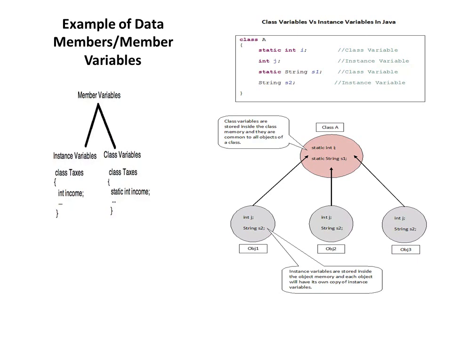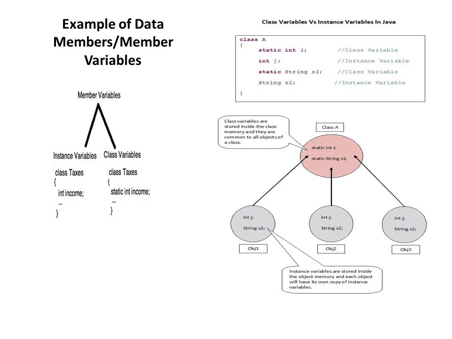When we define a class, let's take an example of this class A. Here A is the class, and the two variables of class type or static type are I and S1, whereas the instance variables are J and S2.